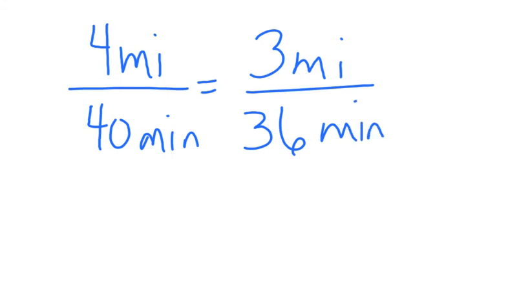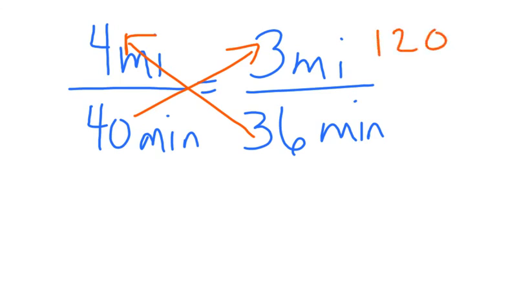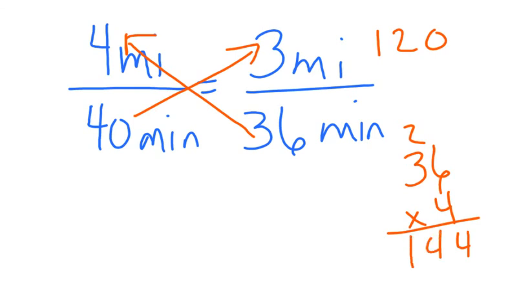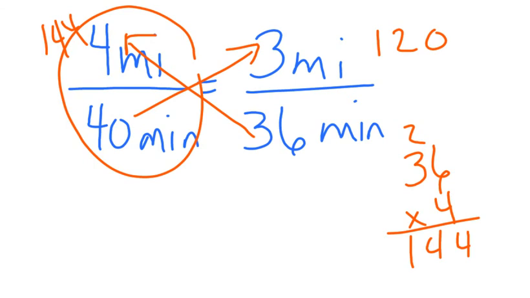Guess what you could do? Cross multiply up, and you could tell which one is greater. 3 times 40 is 120. 4 times 36 is 144. Which is the greater unit rate? Okay, which is the smaller? The other one.